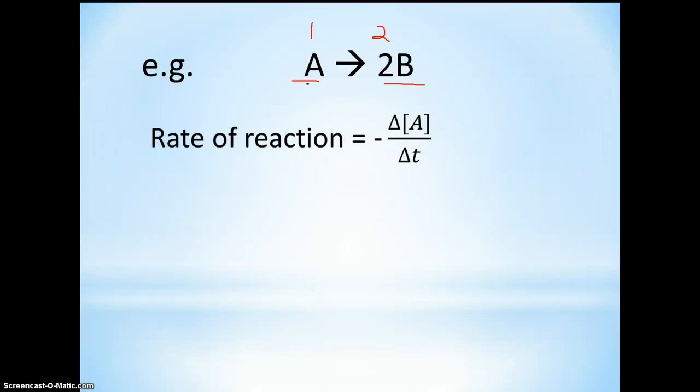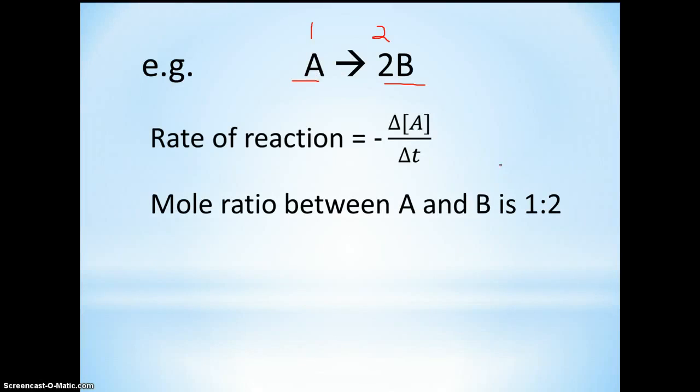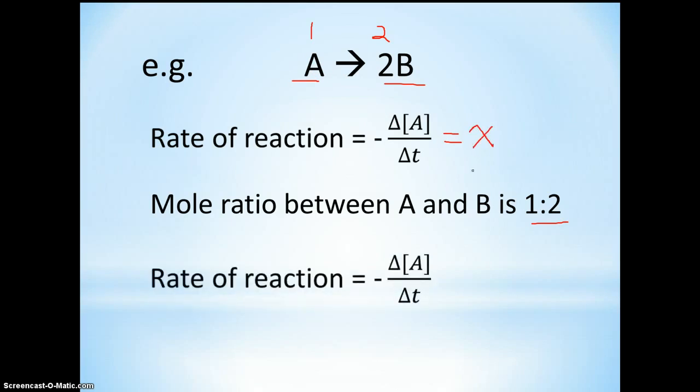That means the rate of decreasing A will become producing 2B. So how do we calculate the rate of the reaction in terms of the concentration of B then? Then we have to know about the mole ratio. Just as we have mentioned, the mole ratio is 1 to 2. So when we know the rate of reaction of A is, say, a value of X, then we have to use the mole ratio to calculate the rate of change of B. If I have 1 mole of A, then I will produce 2B.